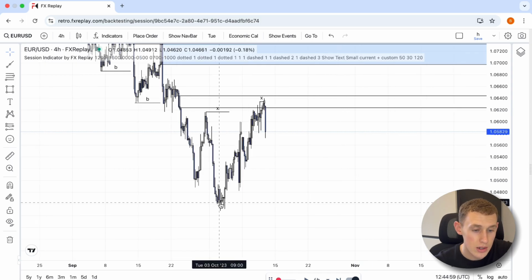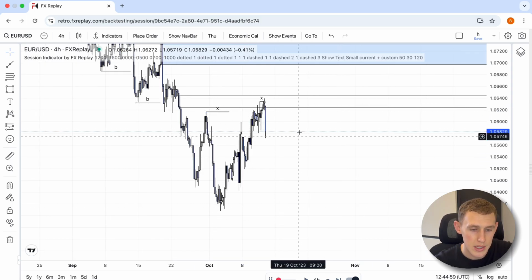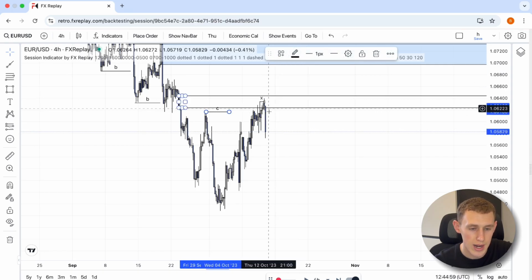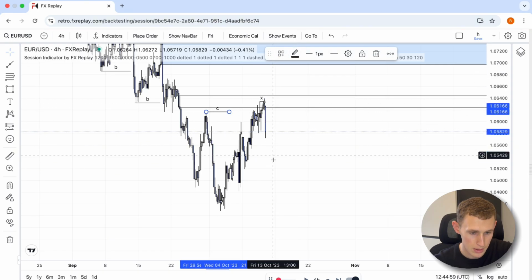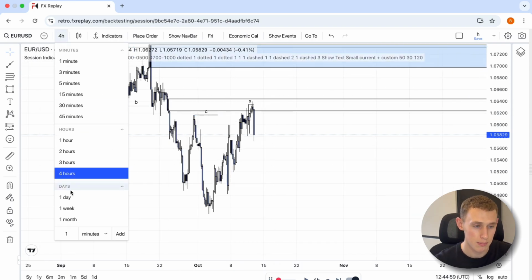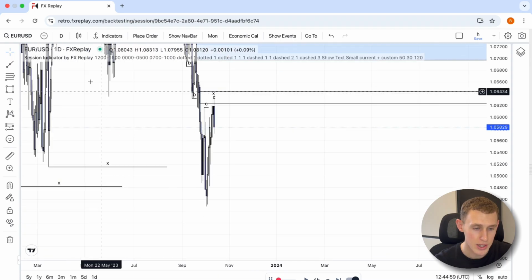It looks like price has grabbed this high and then is continuing lower. Obviously as well, you could view this as a change of character for a pullback, for continuations to the upside, but that's just something to keep in mind.